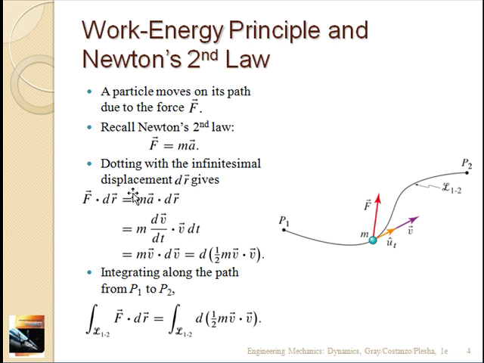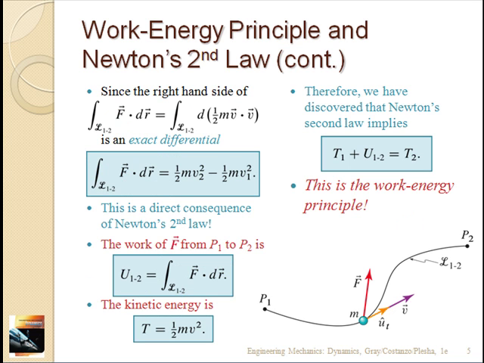Okay, so now we can take this, substitute this in here, and then integrate both sides like this. And we're integrating along the path that the particle takes in space. So we rewrite that here. This thing over here is an exact differential, so we can pull out the 1/2 m, and the differential v dot dv integrated can be written like this.